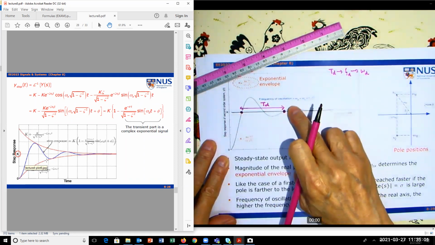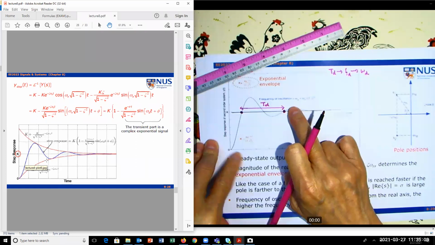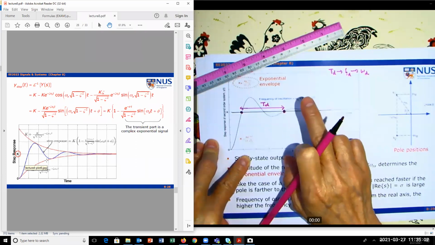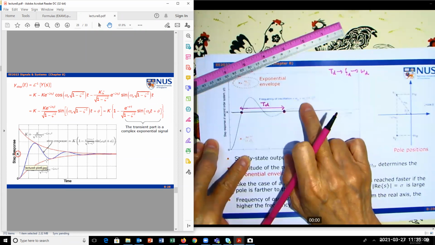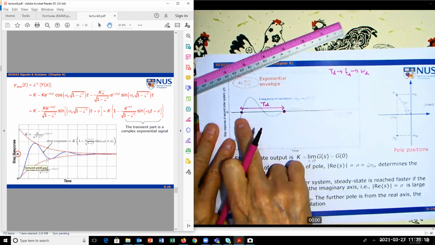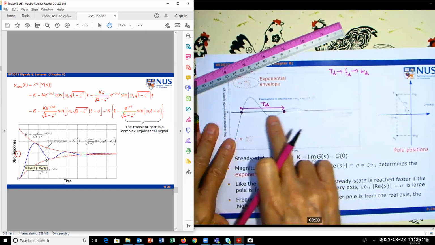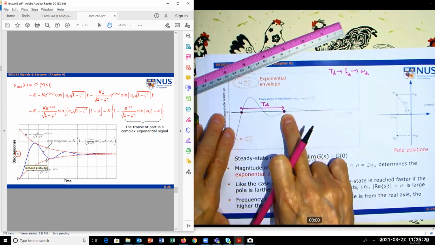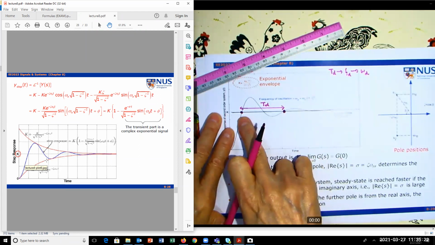What I'm trying to find from this graph is omega d. To do that, I draw two points on this horizontal line that shows K and see where the intersects are for these two lines.